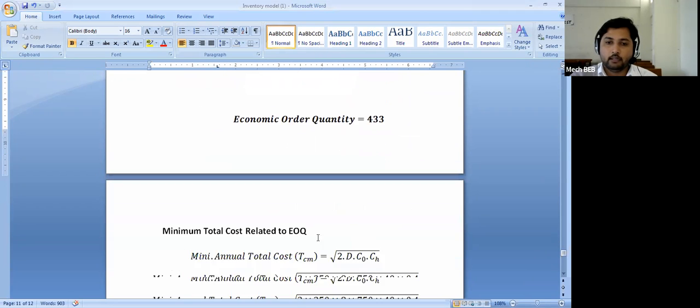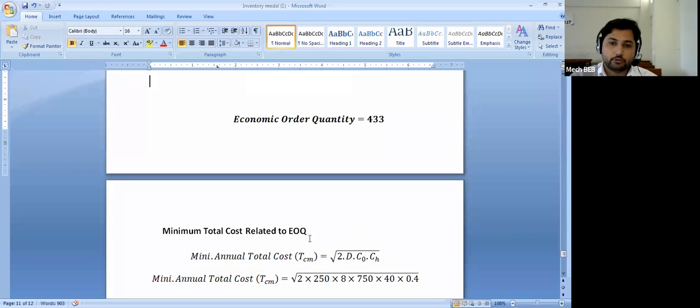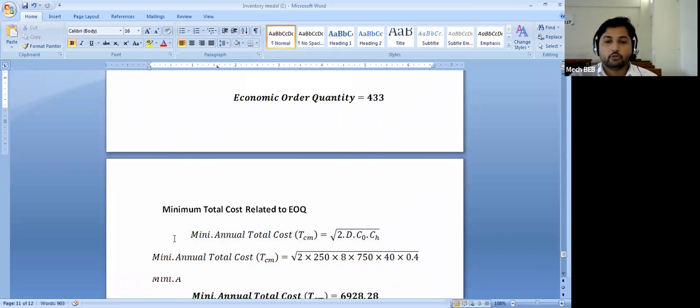Let us calculate that minimum total cost related to EOQ. When we consider the economic order quantity, you will get the minimum total annual cost. So the minimum annual total cost, that is T suffix CM, will be equal to under root of 2 multiplied by D multiplied by C naught multiplied by CH.